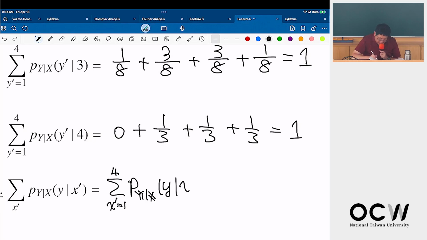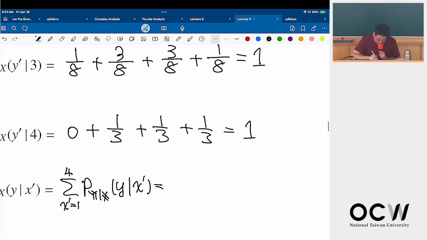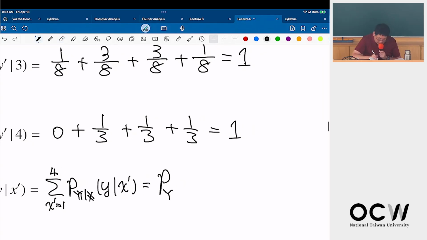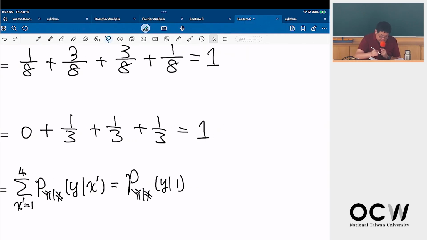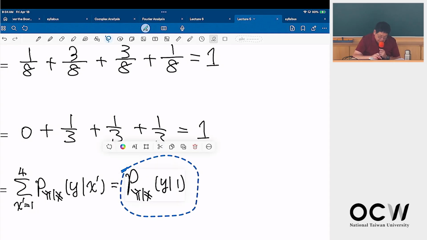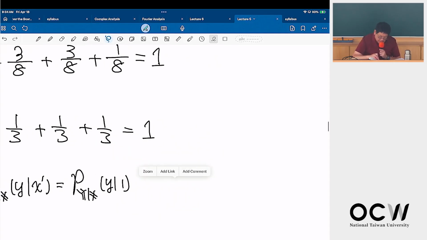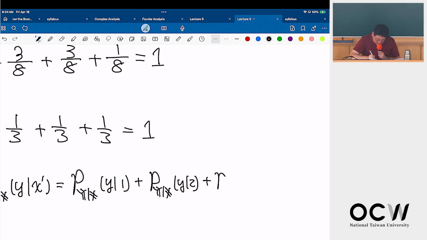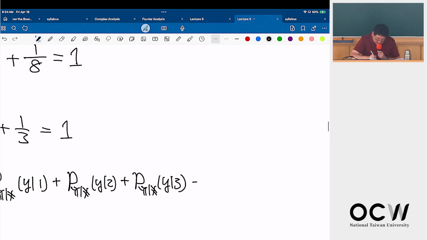So y given x prime will be y given x first, or y given 1, and then we have y given 2, y given 3, and y given 4.